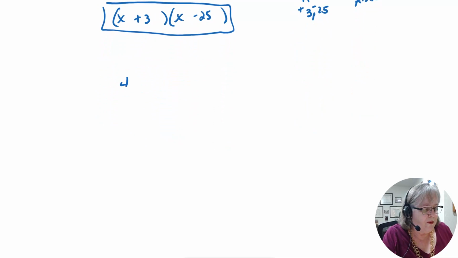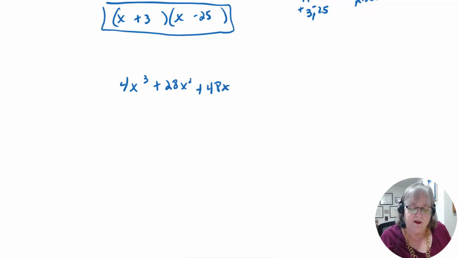Right, how about 4x cubed plus 28x squared plus 48x? And you go, well, hey, it's not a lead coefficient of a 1, but hey, 4 will go into everything there, won't it? Now, actually, 2 would go into everything as well, but 2 is not the greatest common factor. It's just a common factor.